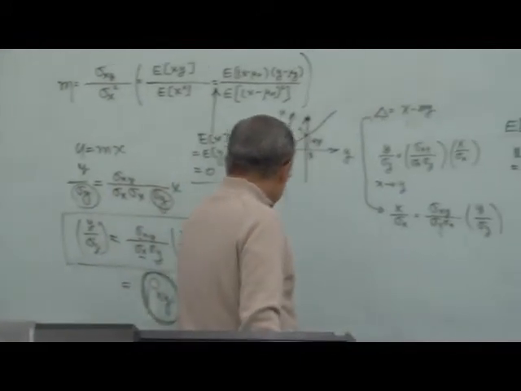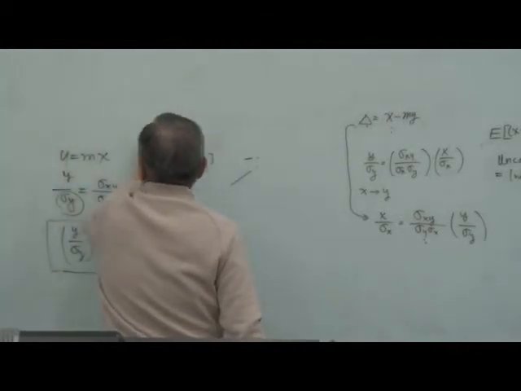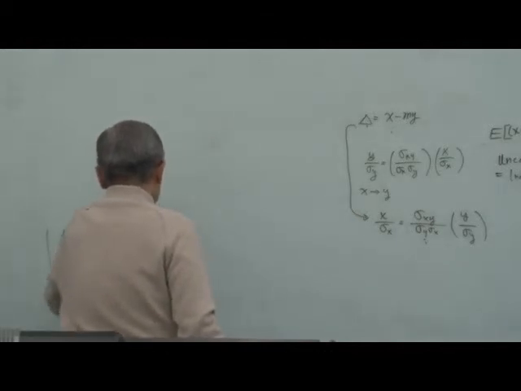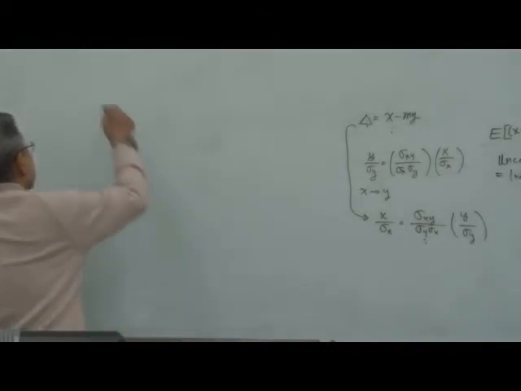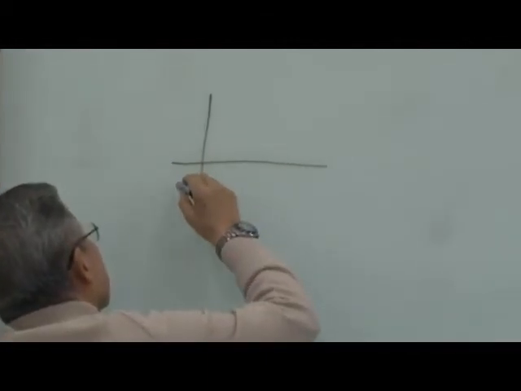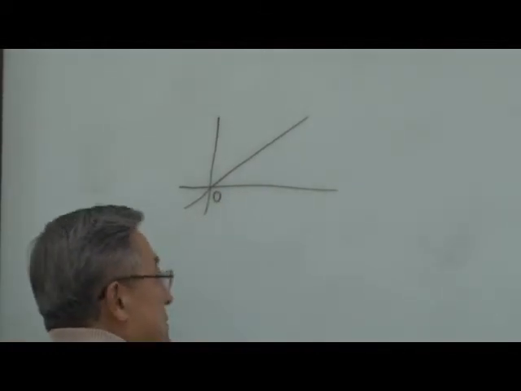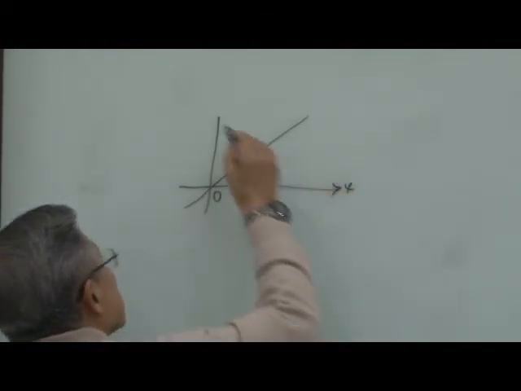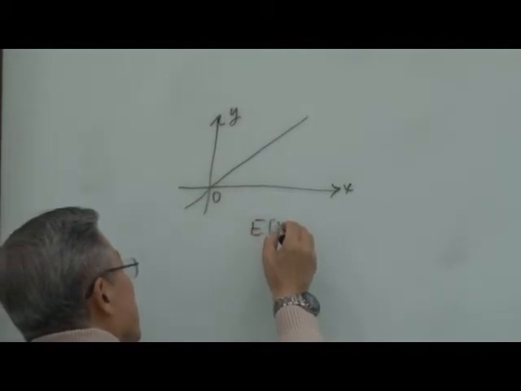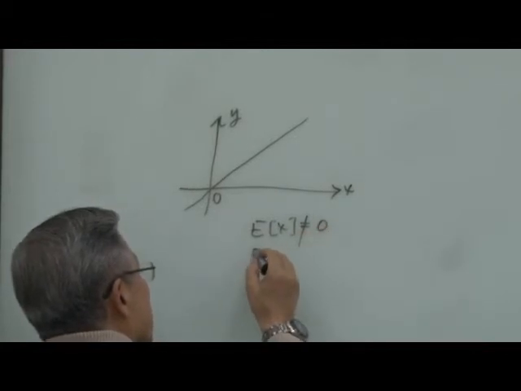And final description using XY plot. So this is origin, not the CG, and this is X, this is Y, and mean value is not 0.